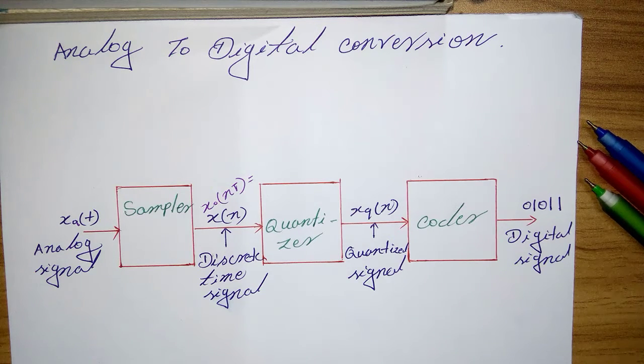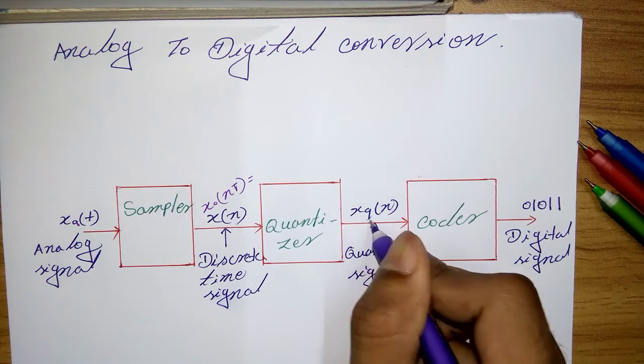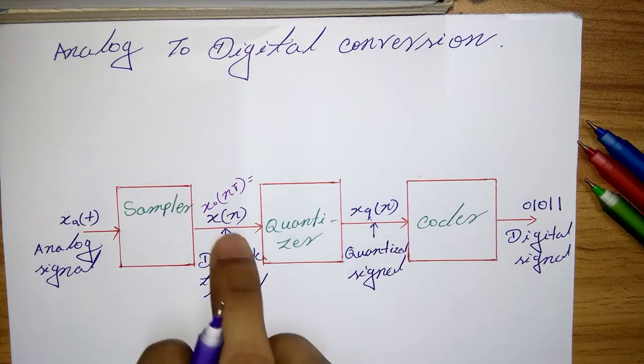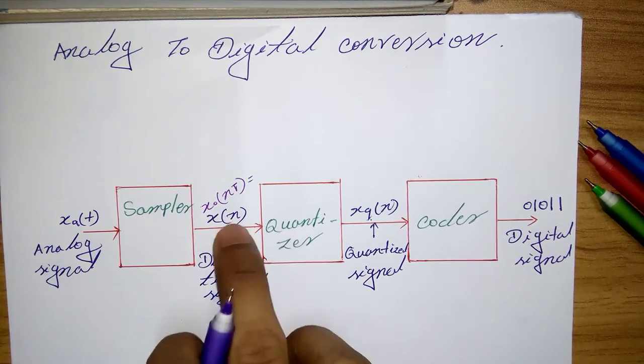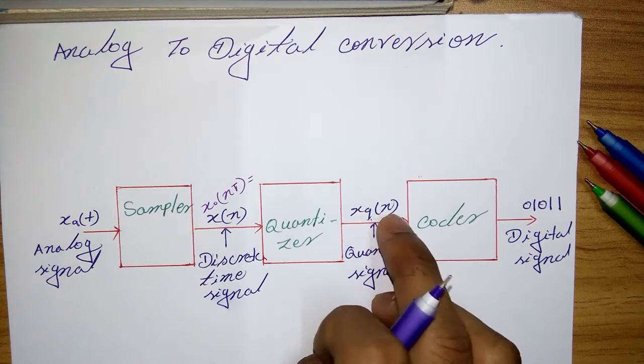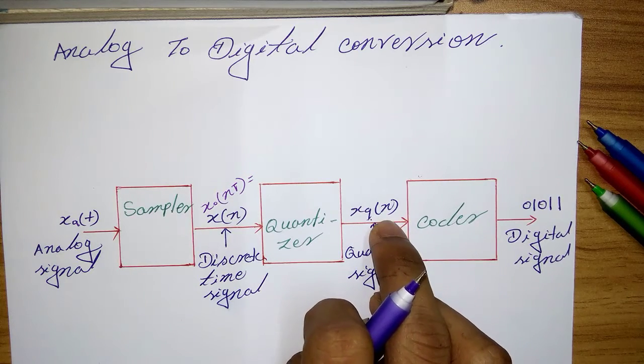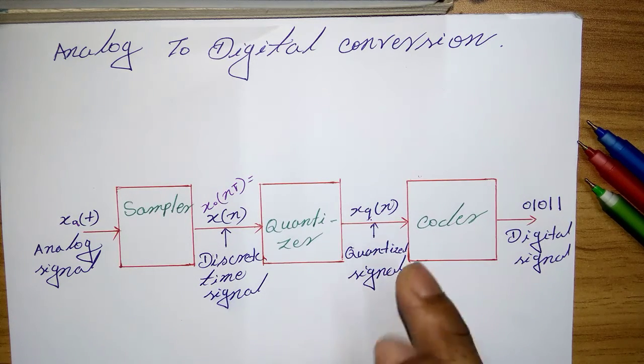The value of each signal sample is represented by a value selected from a finite set of possible values. The difference between the unquantized sample x(n) and the quantized output xq(n), where x(n) is the quantizer input and xq(n) is the quantizer output, is called the quantization error.